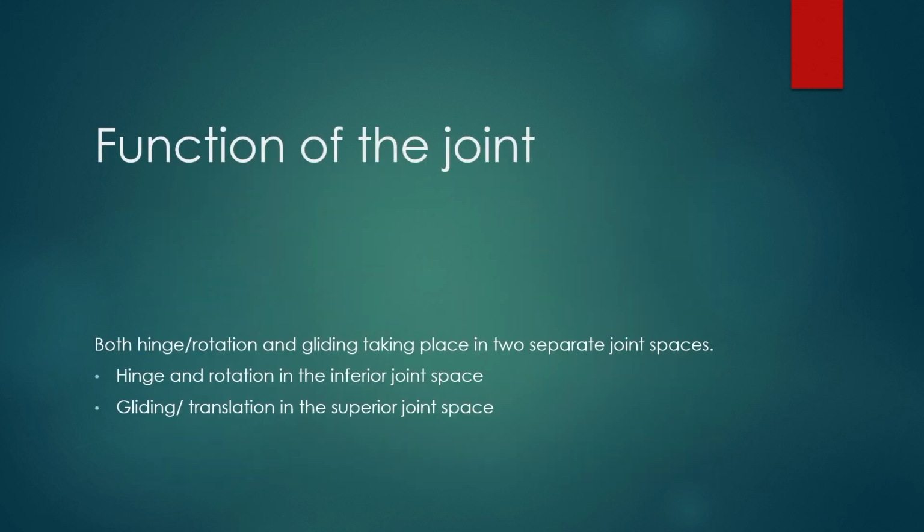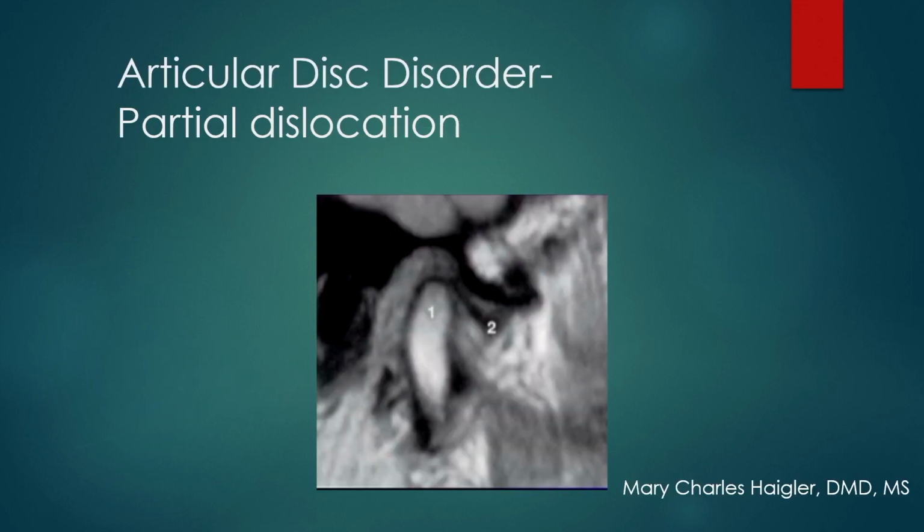So we already mentioned the hinge and rotation in the inferior compartment versus the gliding and translation in the superior compartment. So that is how that works. So different ways that the disc can be dislocated. So the most common way is for it to come more anterior to the condyle.